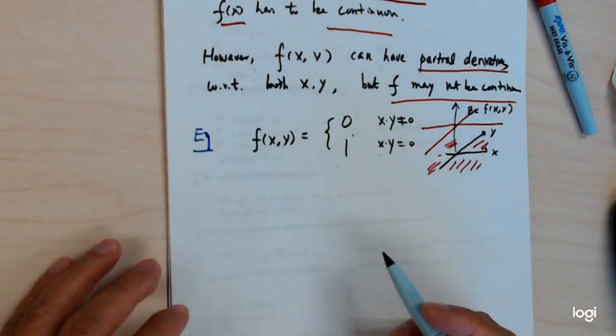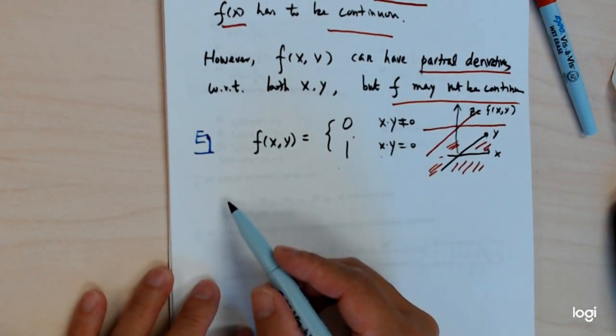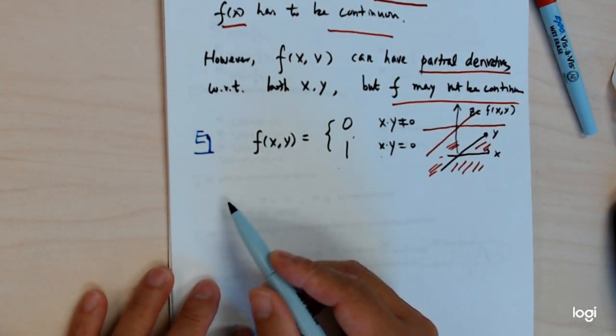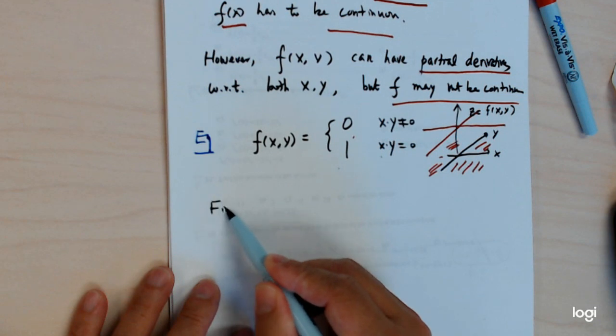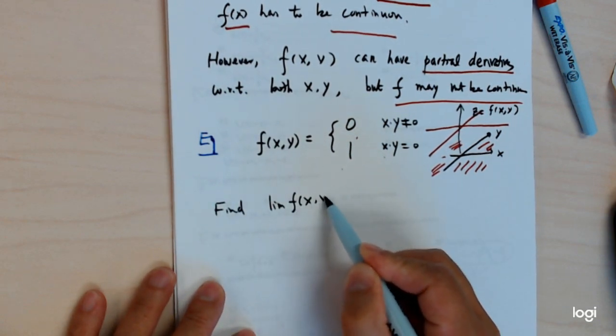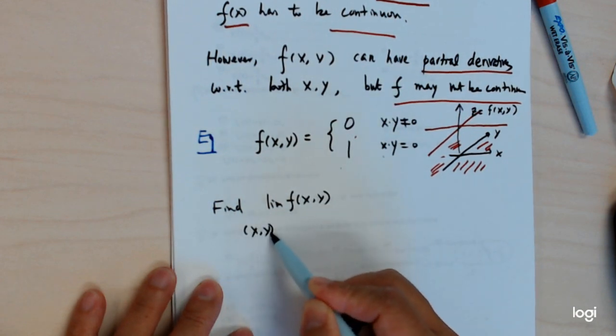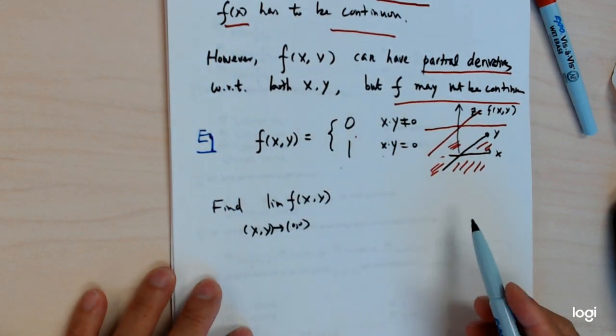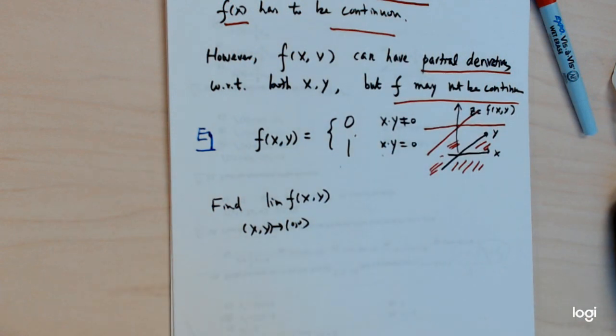So this is a simple function. To talk about continuity, you have to figure out the limit when x y approaches 0, 0. Here we're talking about continuity at the origin.